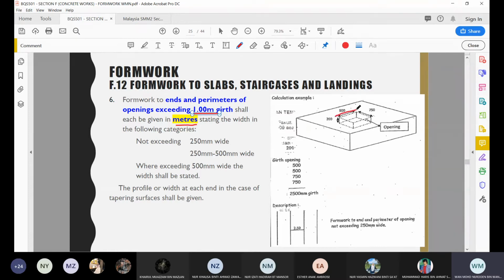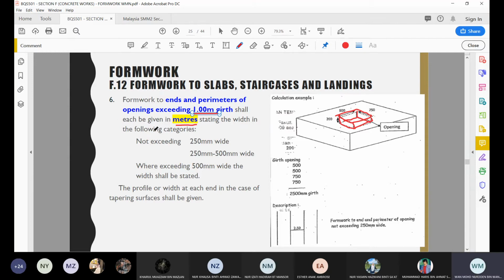Maksudnya ukur lilit dia lebih daripada 1 meter. Bukan luas. Maksudnya 500 tambah 700, 500 tambah 700. So, lilit dia lebih daripada 1 meter. Shall each be given in meter. Maksudnya kita nak buat formwork tu di kawasan ni lah, to form this opening ni. Okay, kawasan ni.